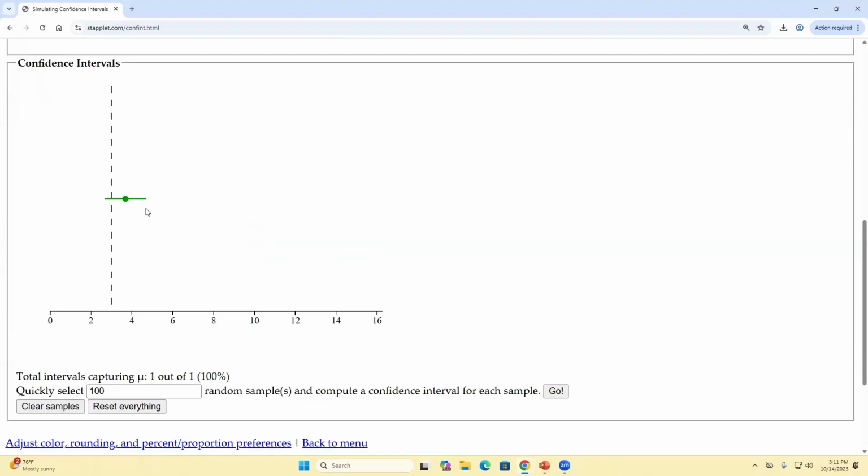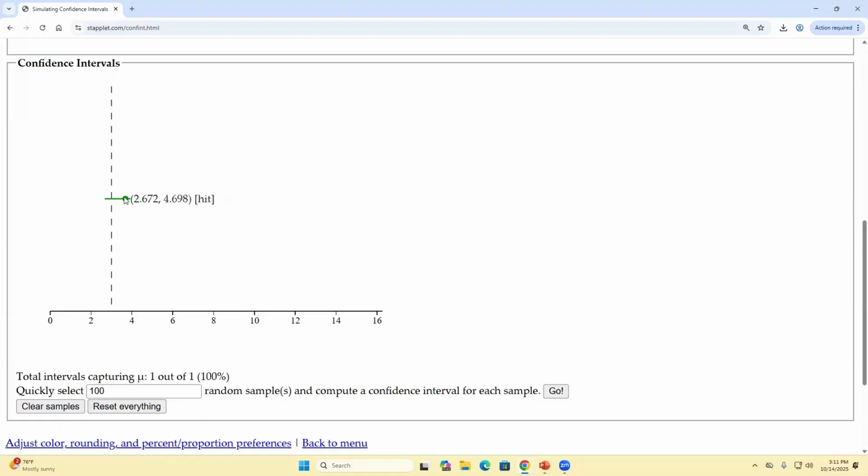So this dotted line represents the mean of the population. And then here we have a confidence interval, reported as a lower boundary and an upper boundary. What that means is that this line goes all the way down to 2.672, and that's the value right here. It goes all the way up to 4.698, and that's the upper value here at the end of this portion of the interval.